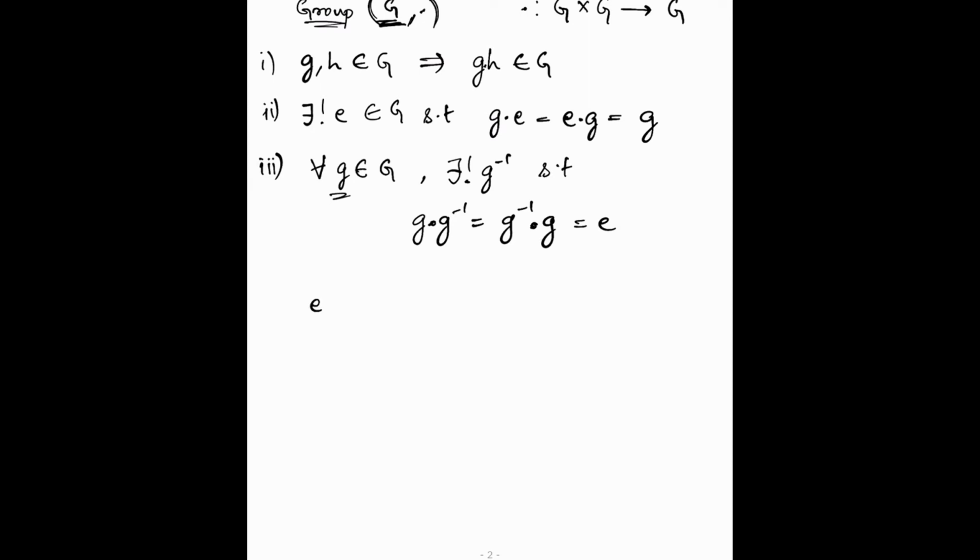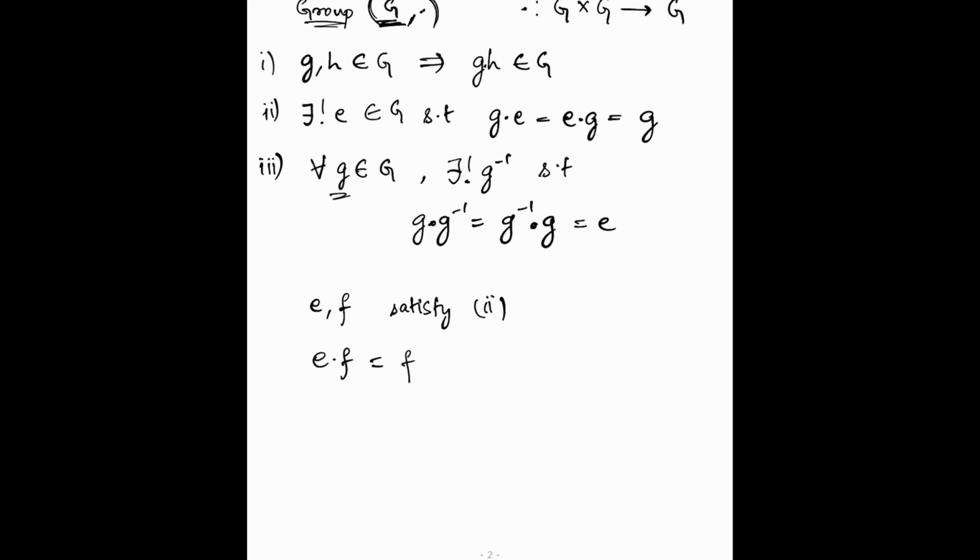All right, so let's say there were two multiplicative identities, e and f, that satisfy property 2, without the uniqueness, obviously. So e times f, what would that be? Well, e is an identity, so e times f just gives f.